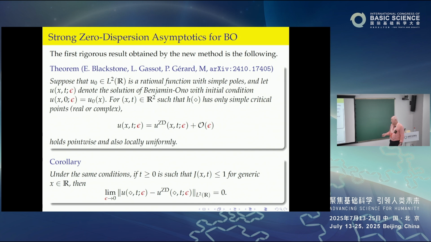A corollary under the same conditions: if t is such that there's either no phase or a single phase oscillation, that's what this means here, then for generic x on the real line the convergence actually happens in a different sense, in L2. So you subtract the zero dispersion profile, you take the limit in L2, and it goes to 0. That's what we're talking about.